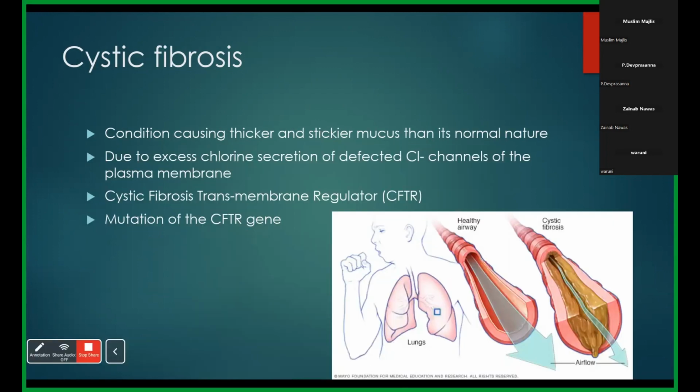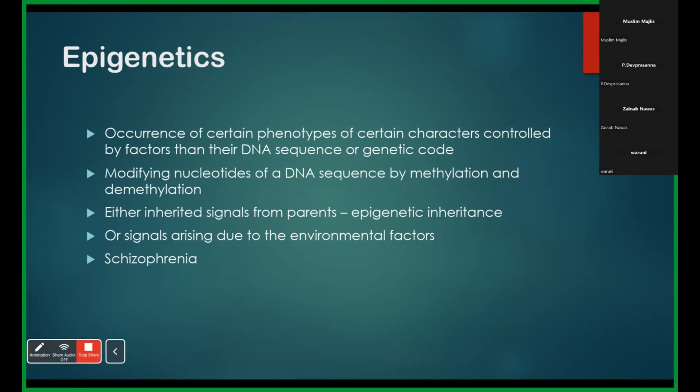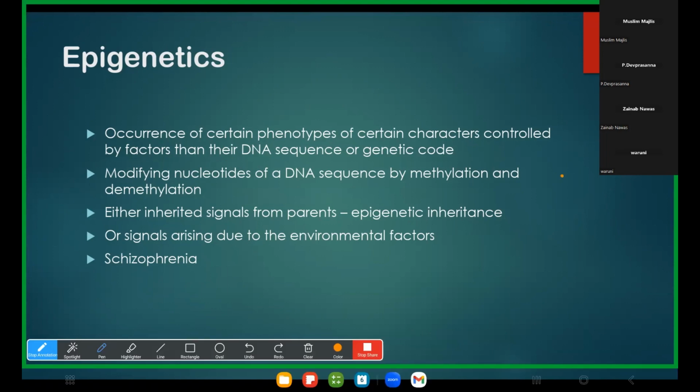And then we have something called epigenetics. So epigenetics is the occurrence of certain phenotypes of certain characters controlled by factors other than their DNA sequence or genetic code. So we know the expression of a gene is controlled by the nucleotide bases.